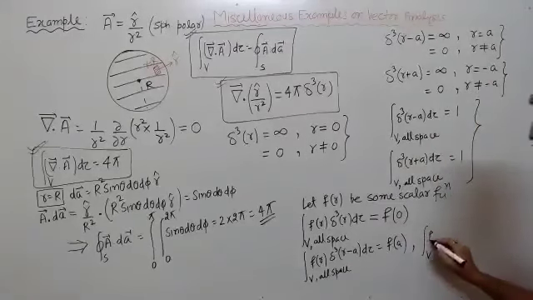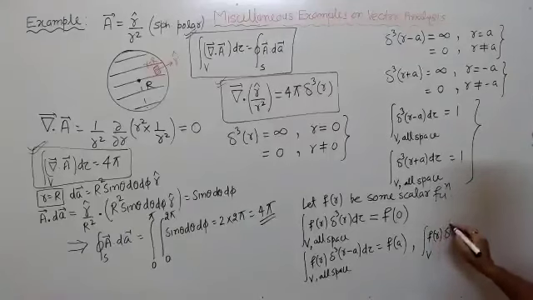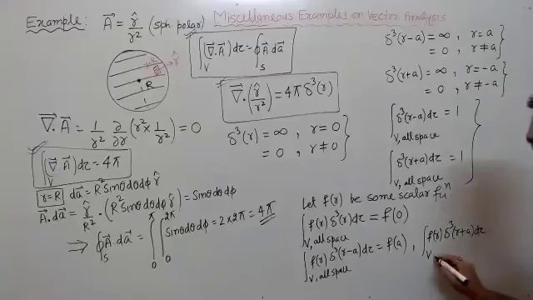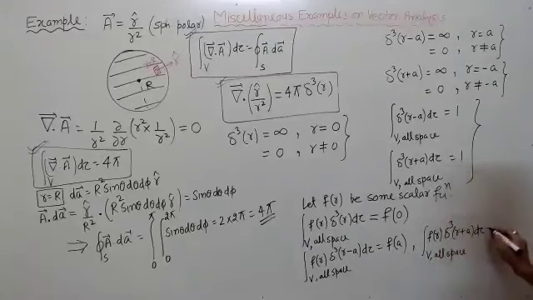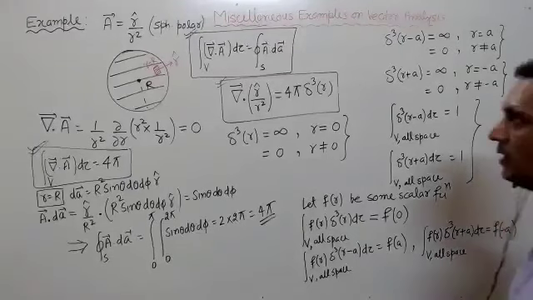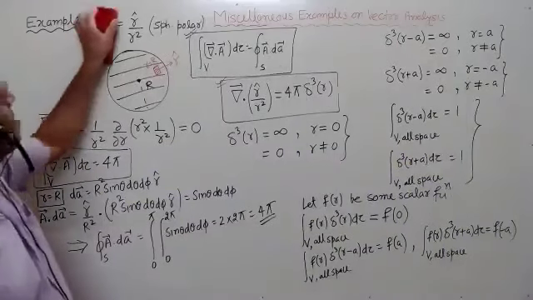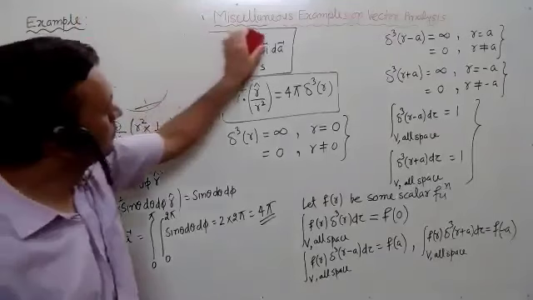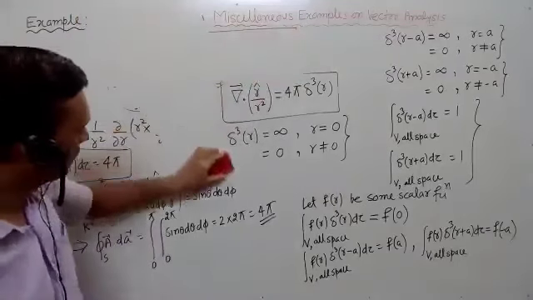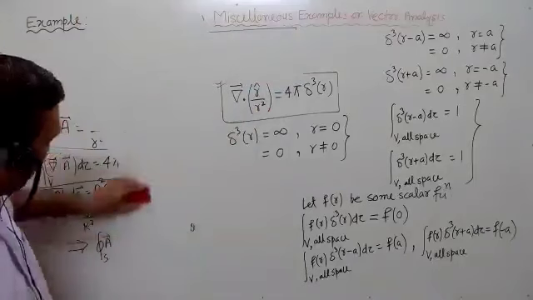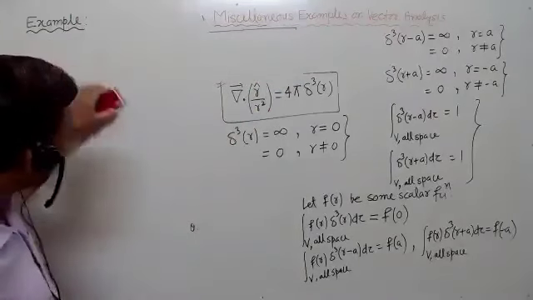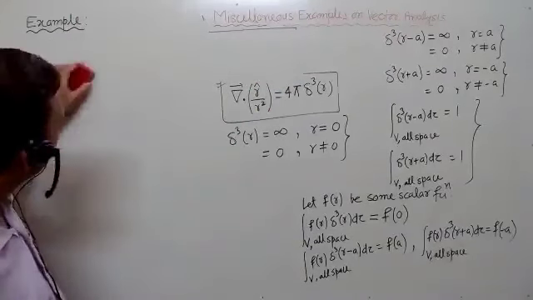Or with delta r plus a d tau, in this case the value of the function at r is equal to minus a. So you have to remember these properties of the Dirac delta function.